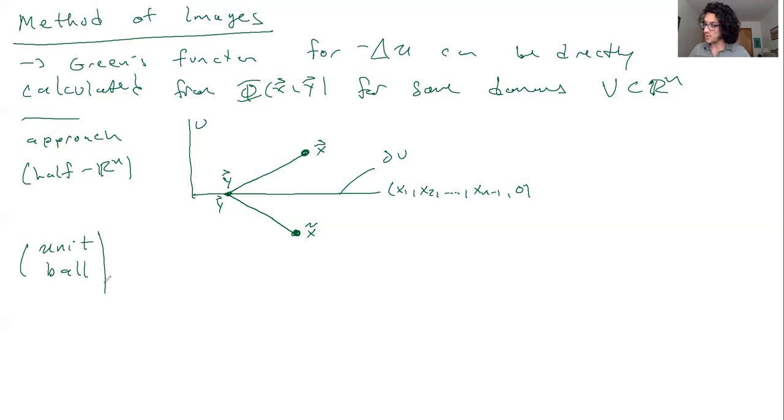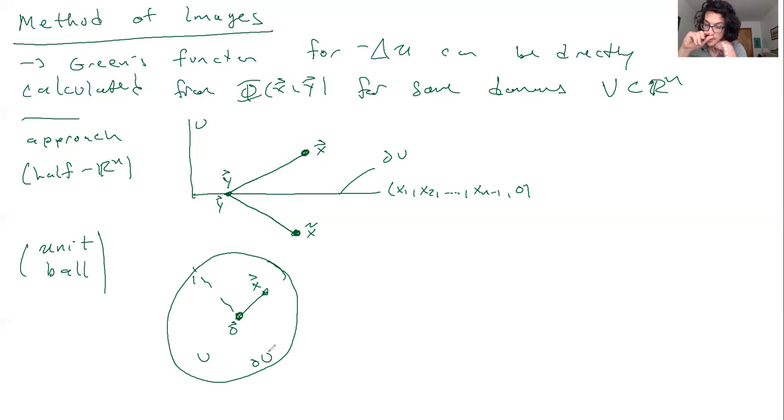You can also do this with the unit ball, as we'll show. So let's say your domain is a ball. This is the origin here, and let's say I have some point here, I'll call it x. This here is a radius equal to 1. Here's U, here's our boundary dU, and then let's say I'm picking a point y that lives on the boundary that I want to cancel out.